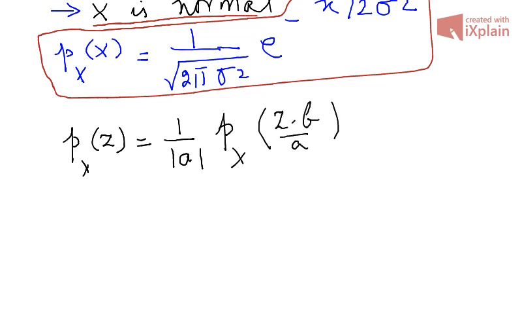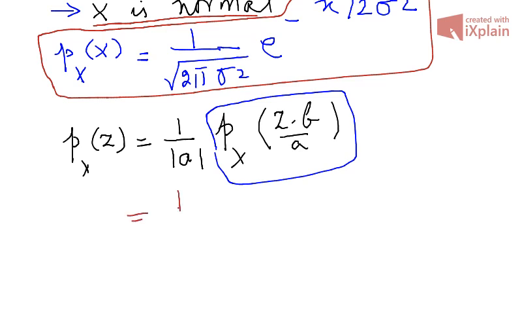Now I have to write this term specifically, right? Because this is giving you the PDF of z. So let's write this PDF.